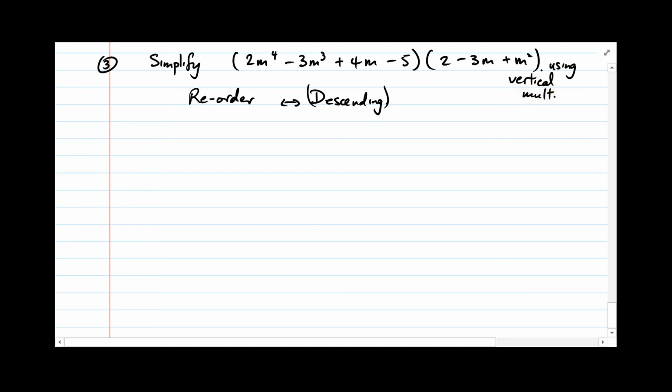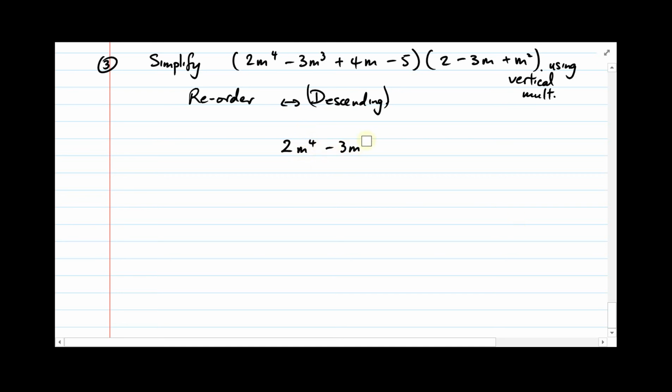Alright, so starting out 2m to the 4th minus 3m cubed, and I did start further over. Let's start even further over so that I don't crash into my margin. 2m to the 4th, 3m cubed.